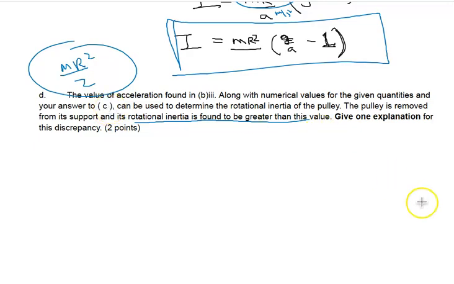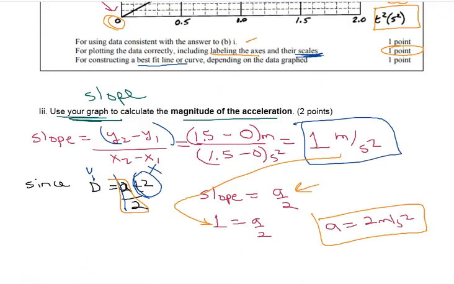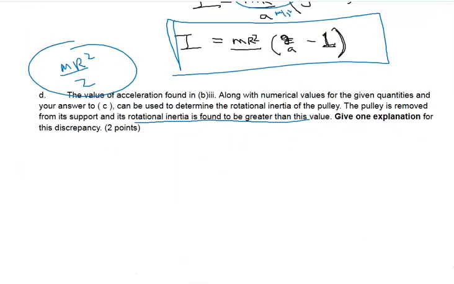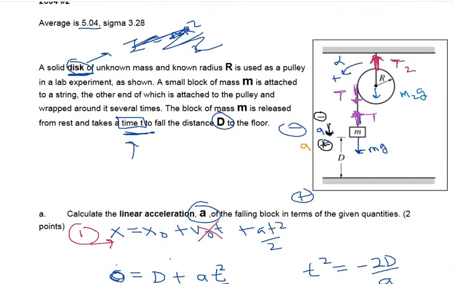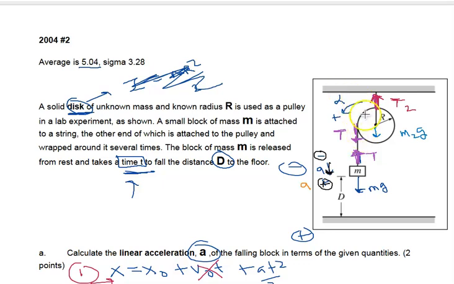So what that means is, let's think about that. When you measured it, you thought I was smaller than it really was, okay? Which means that it was accelerating faster than it should be. Does that make sense? I got to think about this carefully.